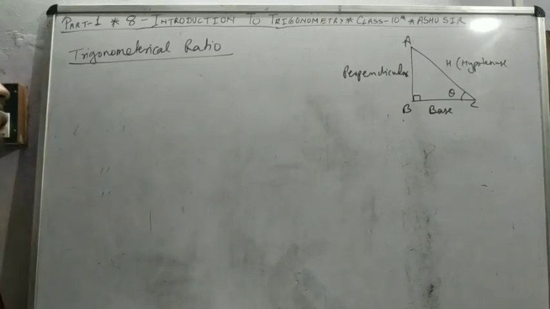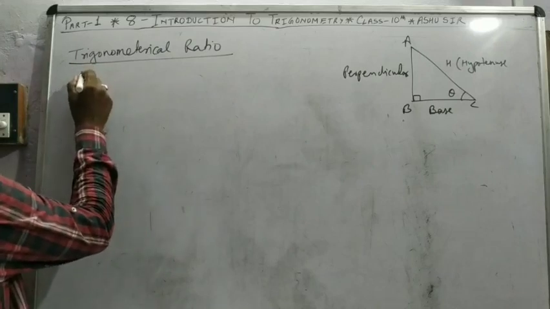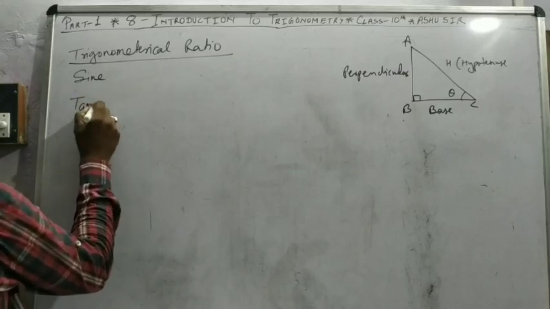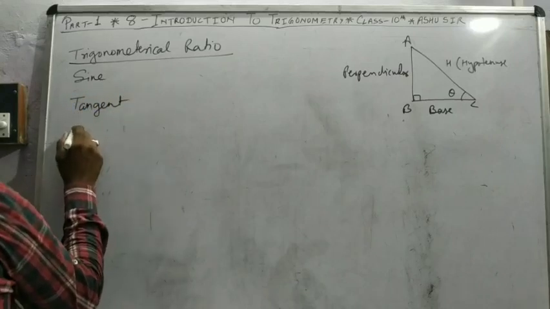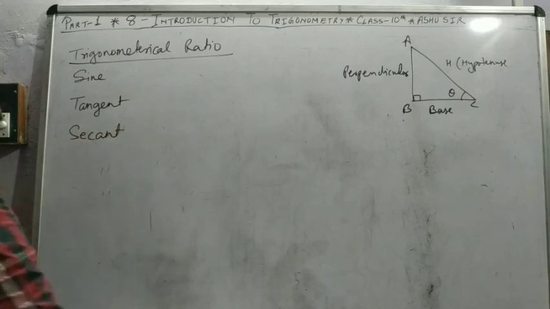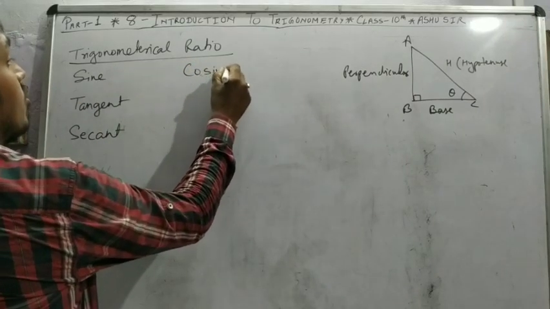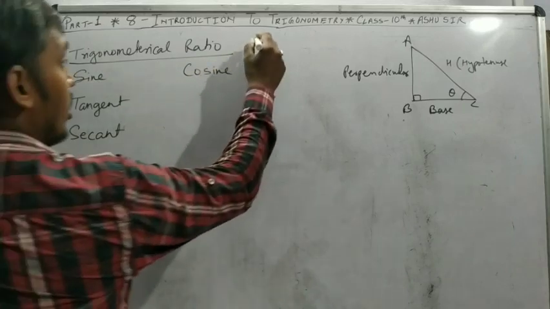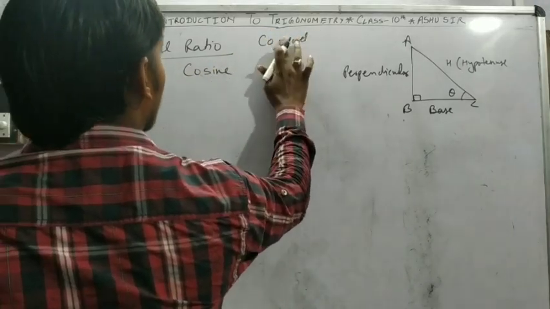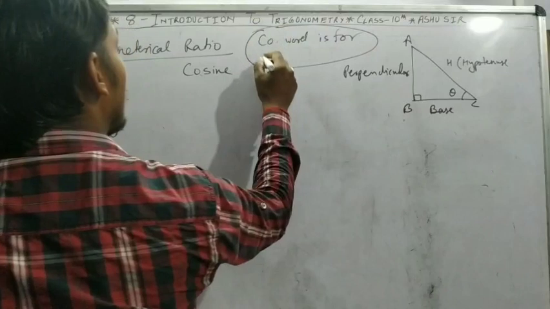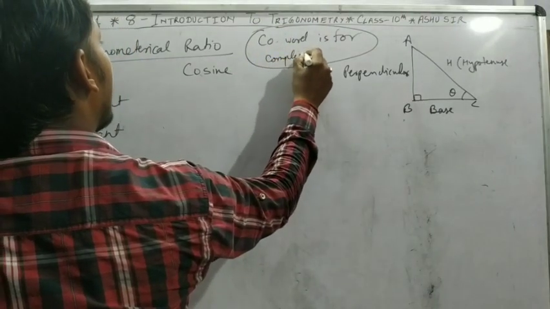So there are 6 ratios. First ratio, sine. Second, tangent. Third, secant. There are 3 main trigonometrical ratios, and the other 3 are cosine. The co- word is for complementary angle.